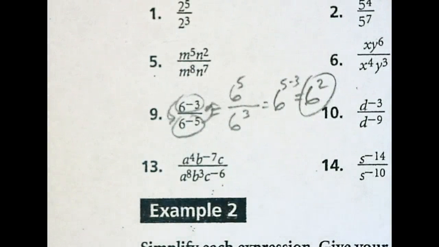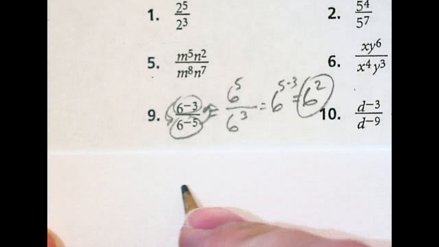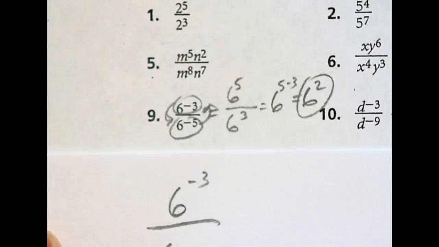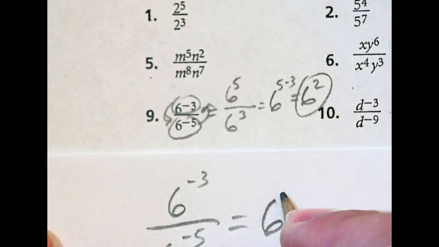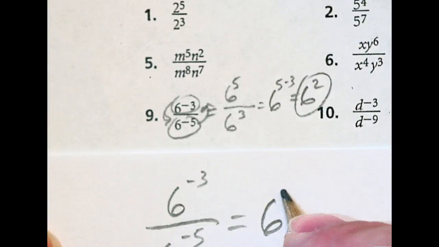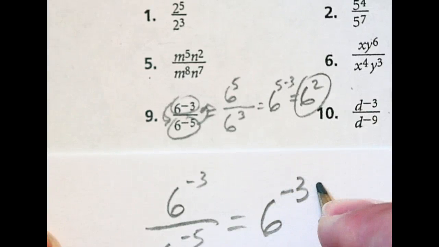Go ahead, Dan. If you subtract the negatives, they become... Okay, so another way to do it is to say 6 to the what? How about 6 to the negative 3rd minus -5.